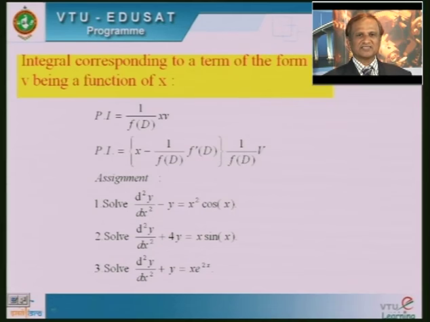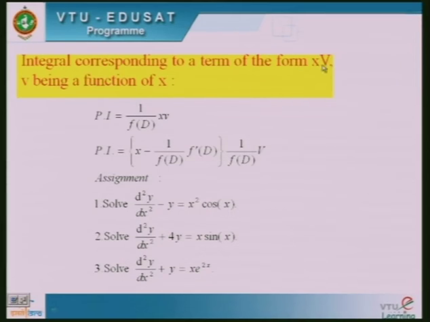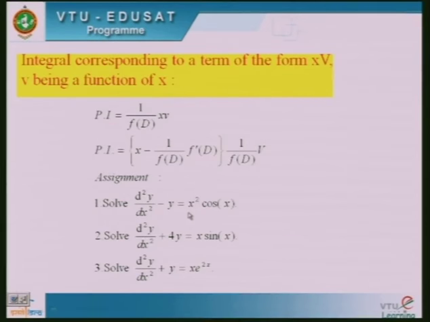Our formula says the right hand side member is of the type x into v, but here the given function is of the type x square into cos x. So x square can be written as x into x. It means this function becomes x into v, where v is equal to x into cos x.